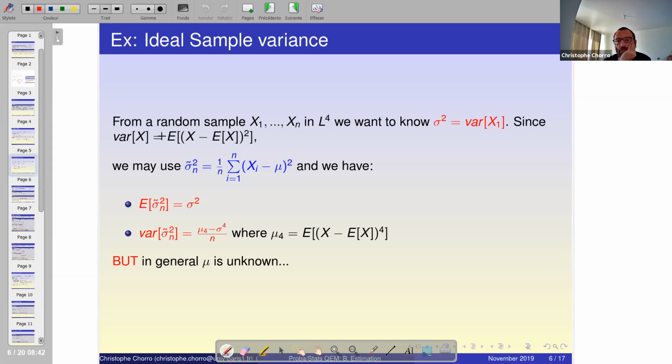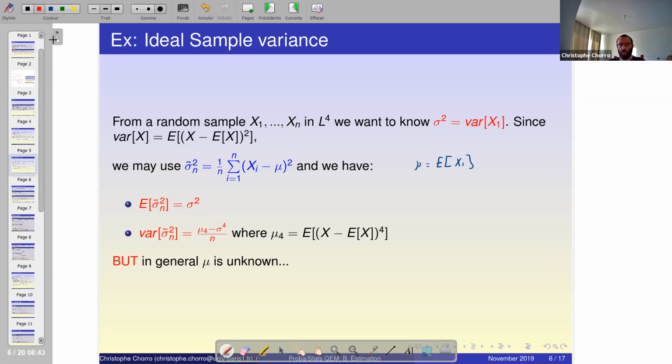And using the previous analogy, since I can write the variance as an expectation, I define the ideal sample variance this way, where mu, I remind you, is equal to the expectation of each of them, that is the expectation of X1 because they are independent and identically distributed. We have seen together that this is an unbiased estimator of the variance because the expectation of sigma n tilde square is equal to sigma square.